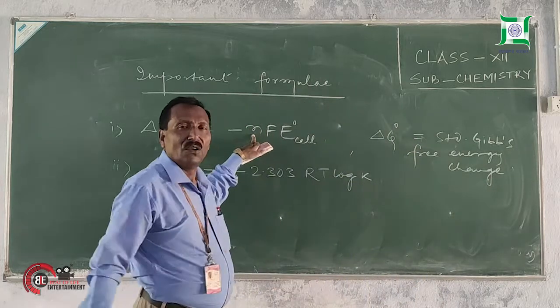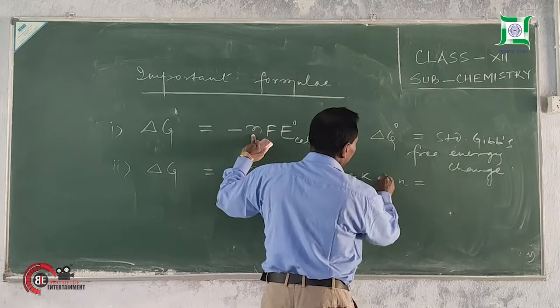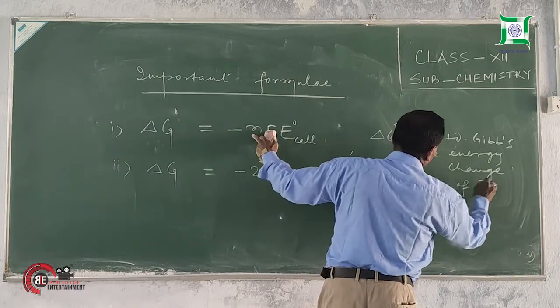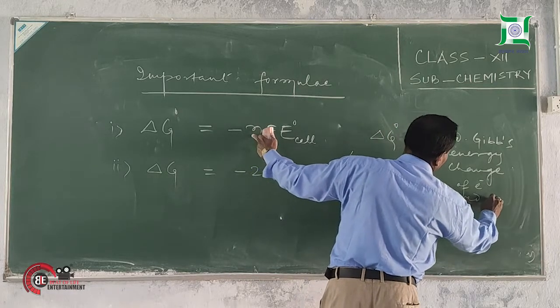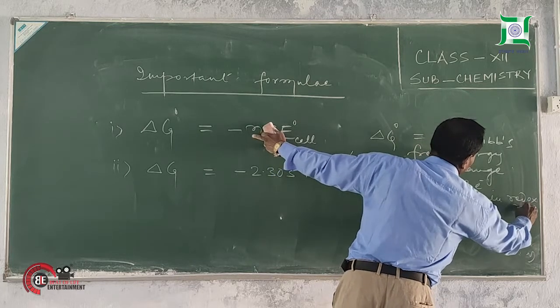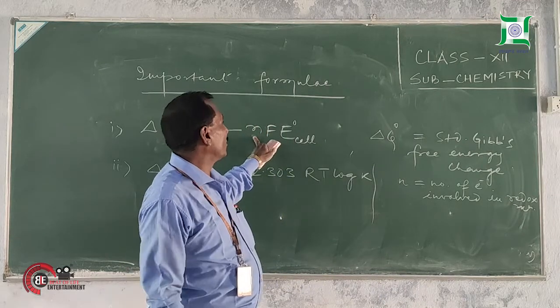Now n is the number of electrons involved in the redox reaction that we have already discussed.